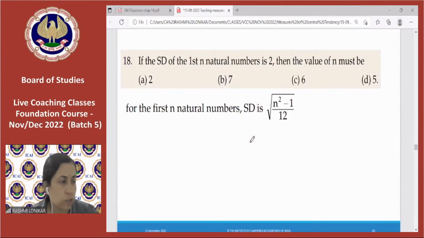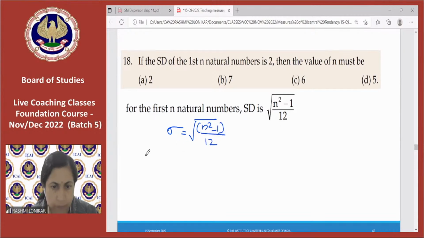Now, this is the example I was talking about, because you can directly remember this formula: the standard deviation of the first n natural numbers is square root of 1 upon 12 into n square minus 1. Now, what is the formula? It is saying that sigma is equal to square root of n square minus 1 upon 12.